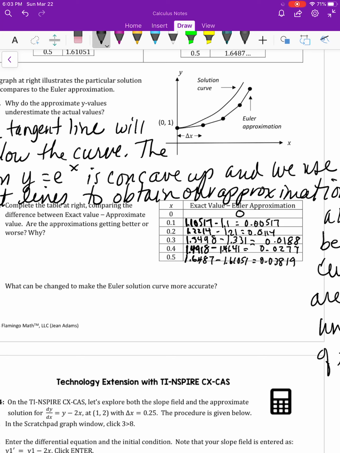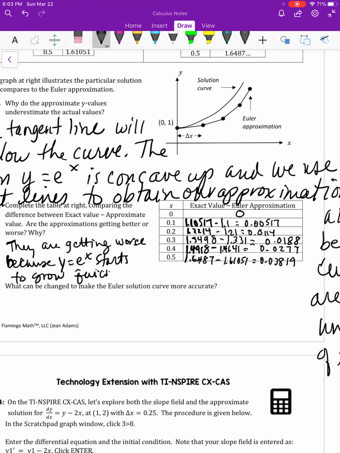The reasoning would be, we know that e to the x rises very quickly. So I would say they are getting worse, because y equals e to the x starts to grow quickly, and we're using linears for the approximations.